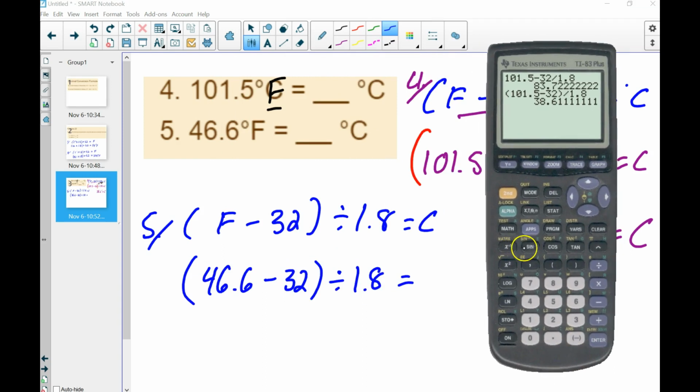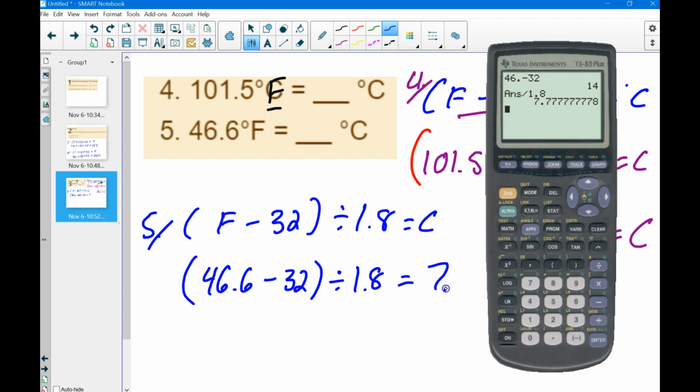Now we know how to enter it properly. So 46.6 minus 32 divided by 1.8, 7.8. Notice I didn't use brackets in my calculation. But what I did, I totaled it up here first before I divided by 1.8. And that's fine too.